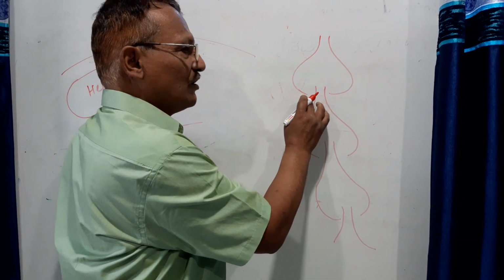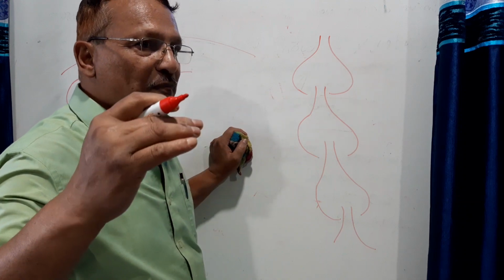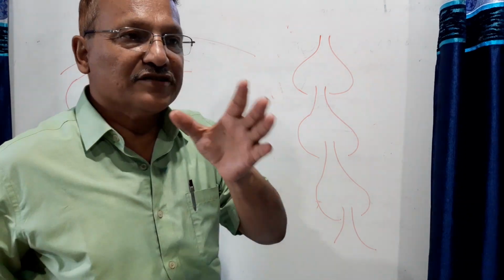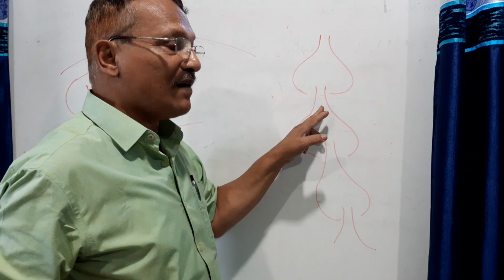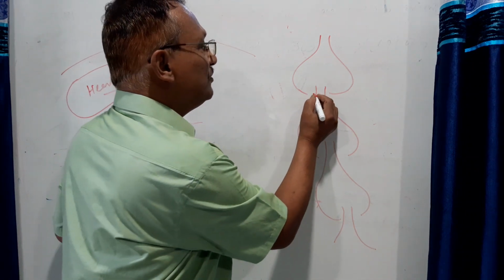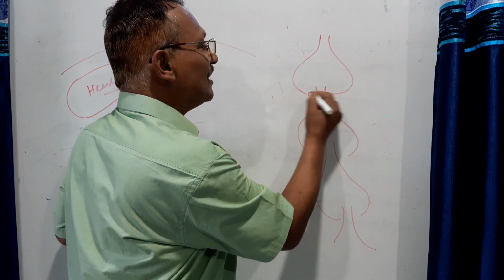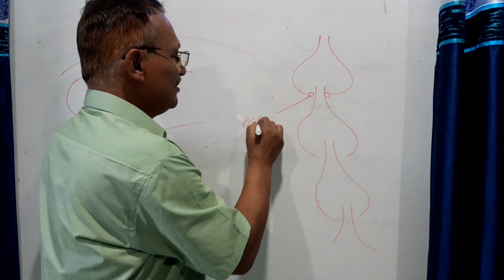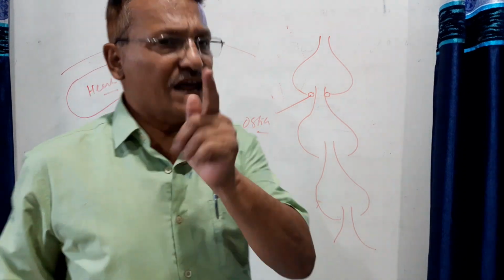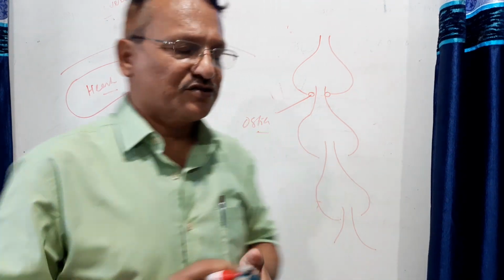The junction between the constriction part and the dilation part is provided with ostia. Ostia means pores. There are two types of ostia, excurrent and incurrent ostia.